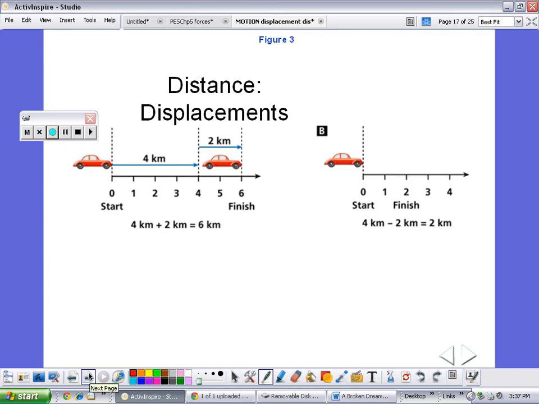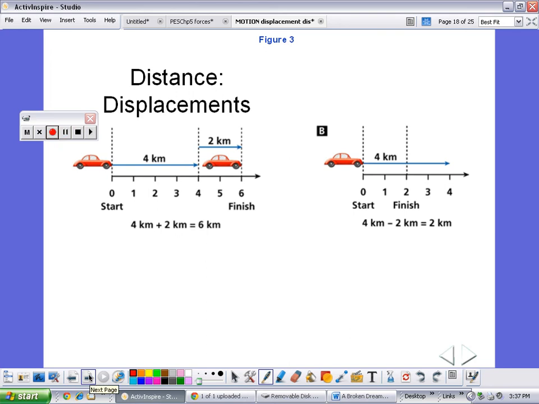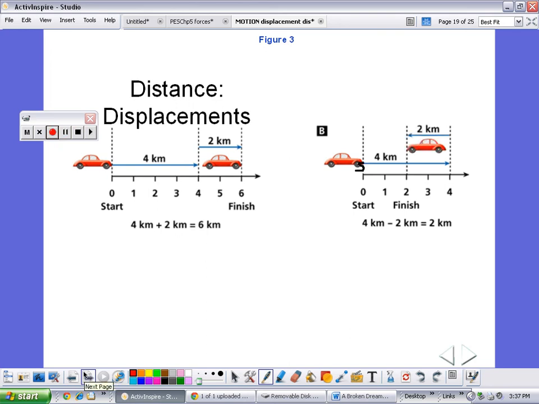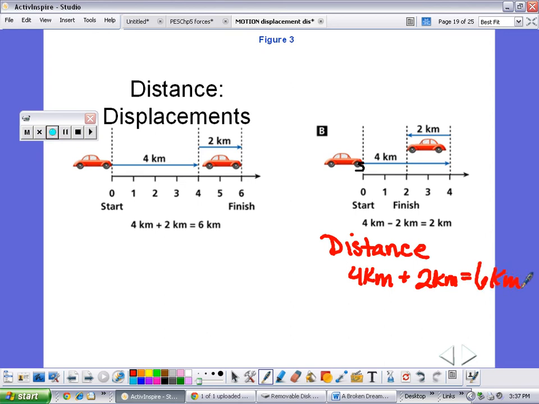Now we take situation B, and we take our car and we drive 4 kilometers to the right, and we drive 2 kilometers back. Now, when we look at our distance that the car drove, you add them up. So it went 4 kilometers to the right, plus it went another 2 kilometers to the left, so it did go 6 kilometers for distance.